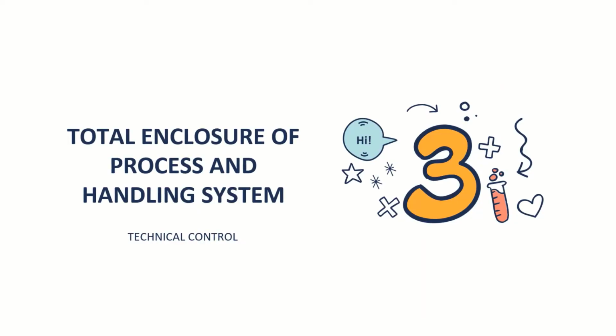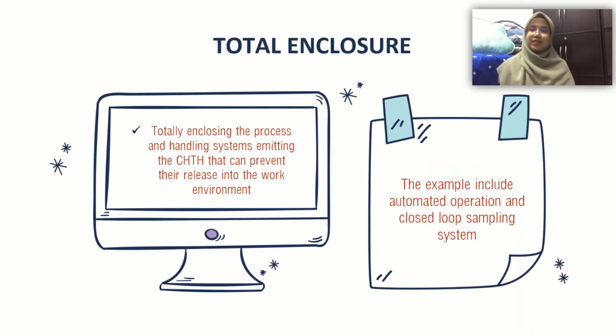Thirdly, total enclosure of process and handling system. Total enclosure means totally enclosing the process and handling system, containing the chemical hazardous to health to prevent its release into the work environment.